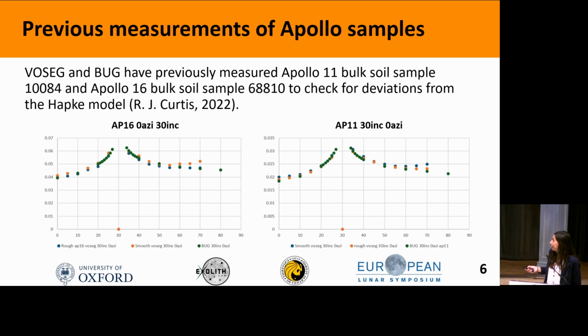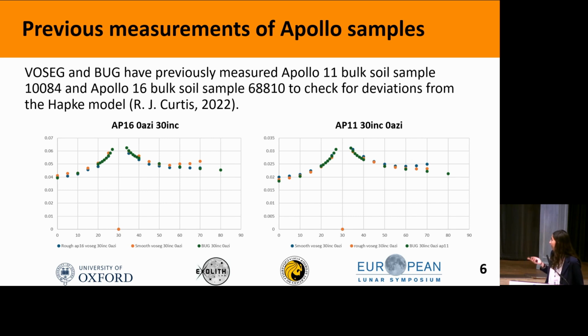You can see the opposition effect that is starting to show, the opposition effect being the superlinear behavior that regolith exhibits when the Sun is directly behind the detector. And I'll mention that later as well. But you can see that BUG showed very well the opposition effect, and VOSEC followed in a bigger step range the same behavior.